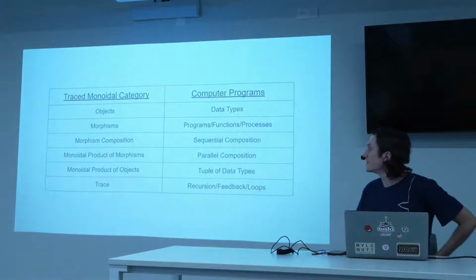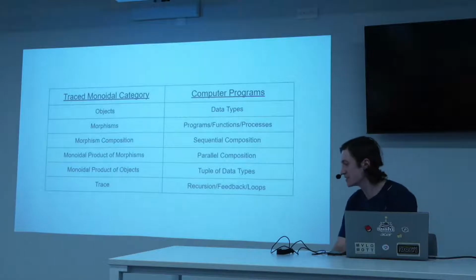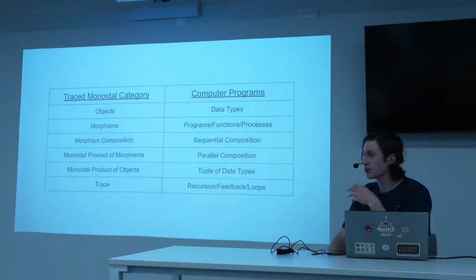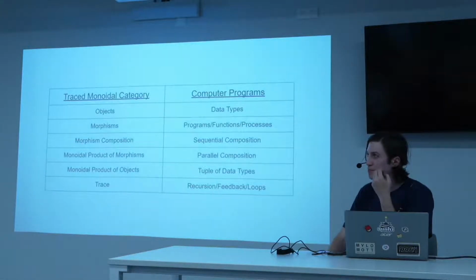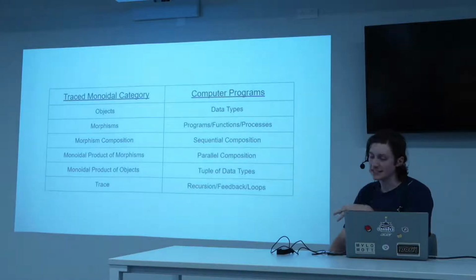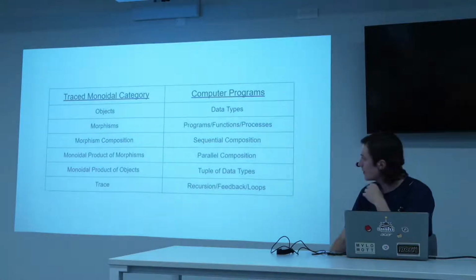If we look at this little table here, to give a concrete explanation of what a category is: with the objects, in a computer program, you might think of data types. That might be integers and strings. Then the morphisms are the programs, functions and processes that map between these data types, essentially something like a function that returns the length of the string, mapping from strings to integers.